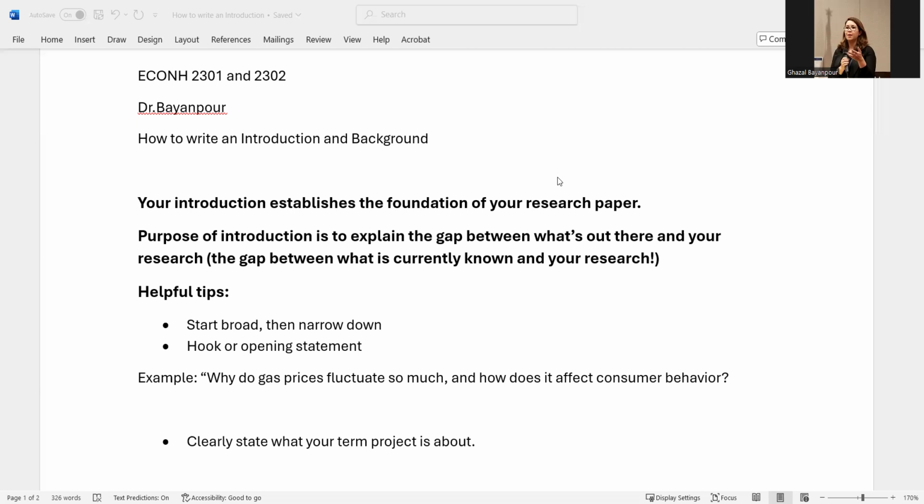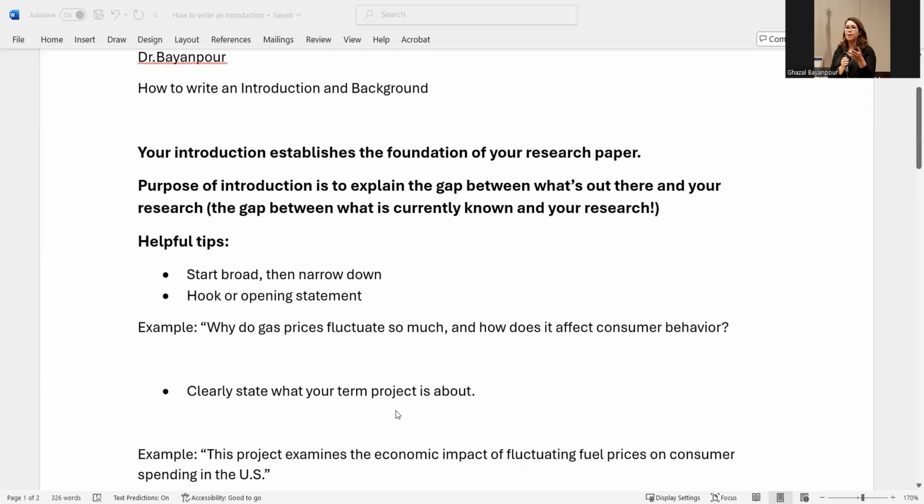You are going to think really, really hard about how your research is going to fill the gap between what's out there, what people have done, what it is that they didn't do, and how you are going to fill that gap. Okay.